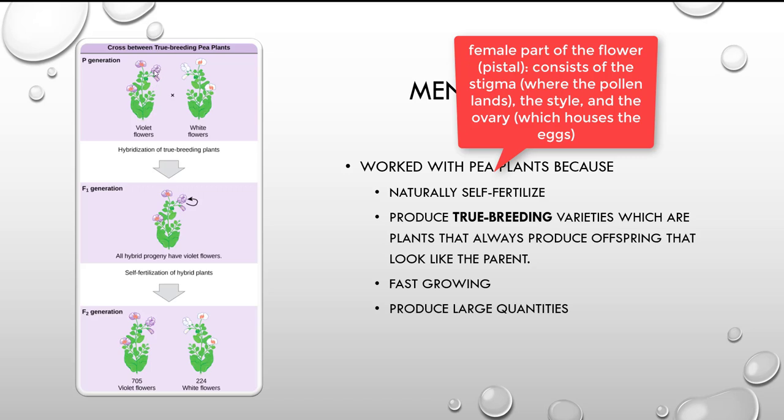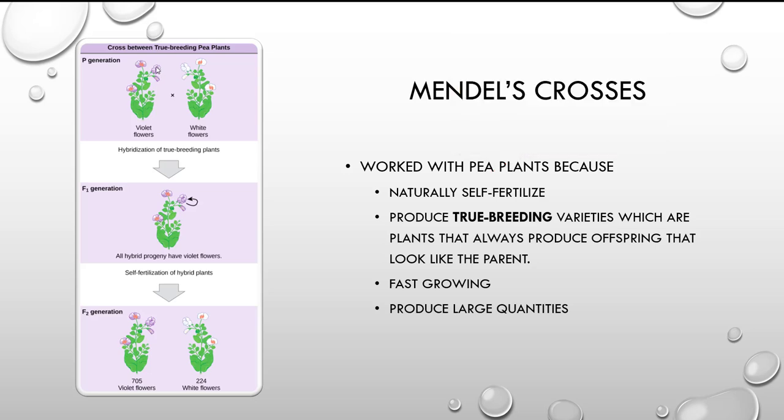Then deep inside the flower is where the ovary would be, which contains the ovule, which contains the eggs. That would be the female part. So this plant could self-fertilize. The sperm of this plant could fertilize the eggs of this plant. That's one characteristic of the pea plant, which is one reason why he worked with pea plants.